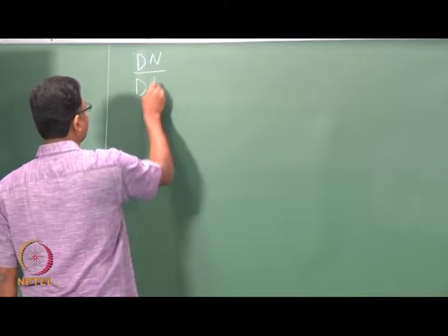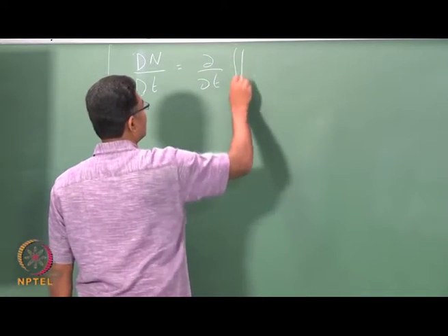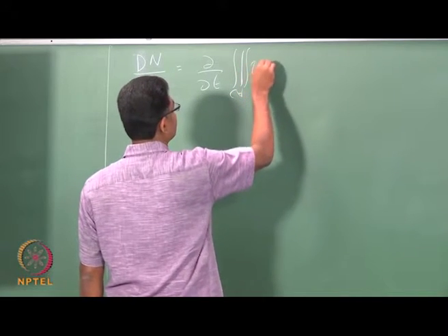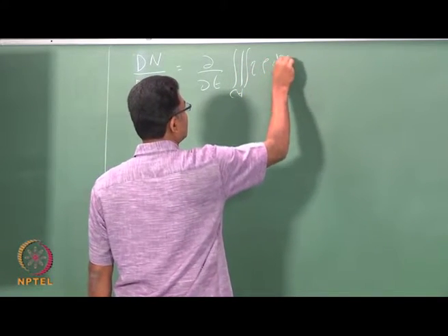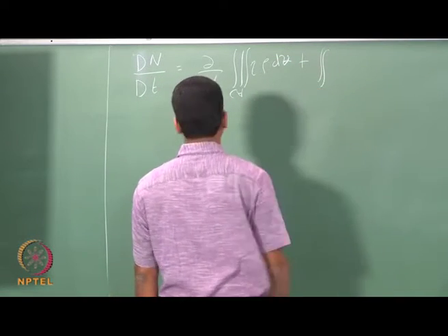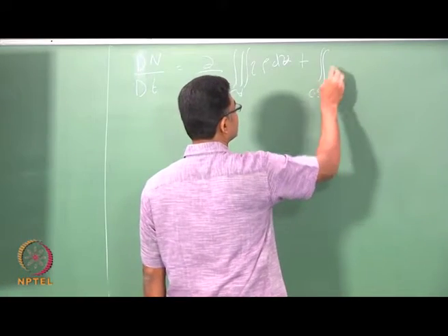The material derivative of any property is the time variation of that property within the control volume plus the convective part, or the property that is coming in and going out of the control surface.